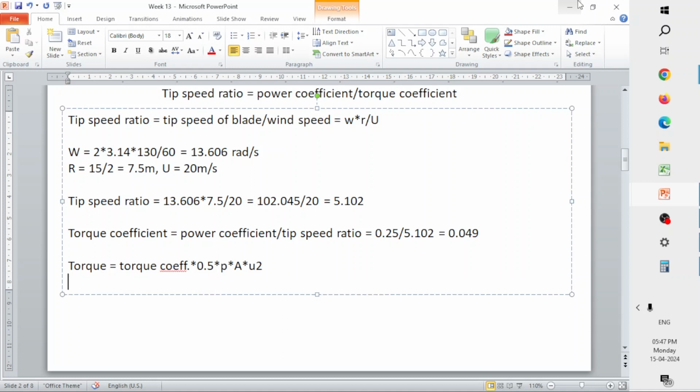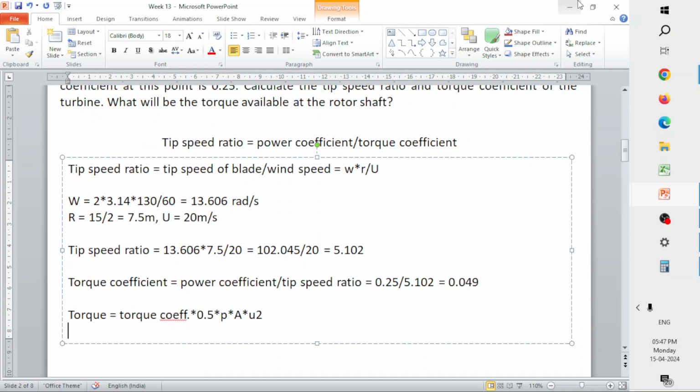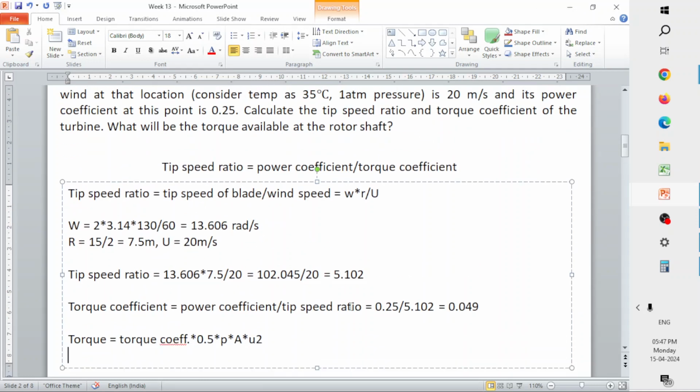Here we are supposed to calculate the value of A. A is the area of the rotor. So A will be equal to pi, that is 3.14, times r square, so 7.5 square.